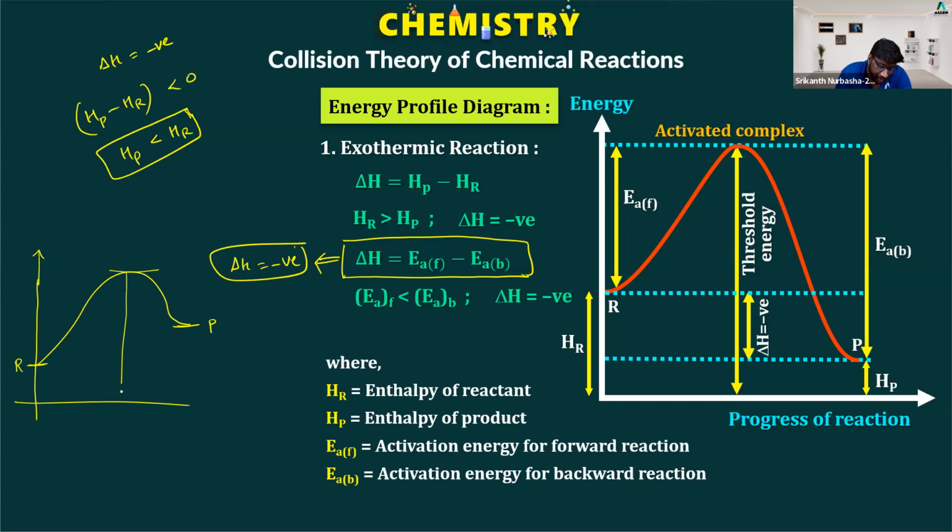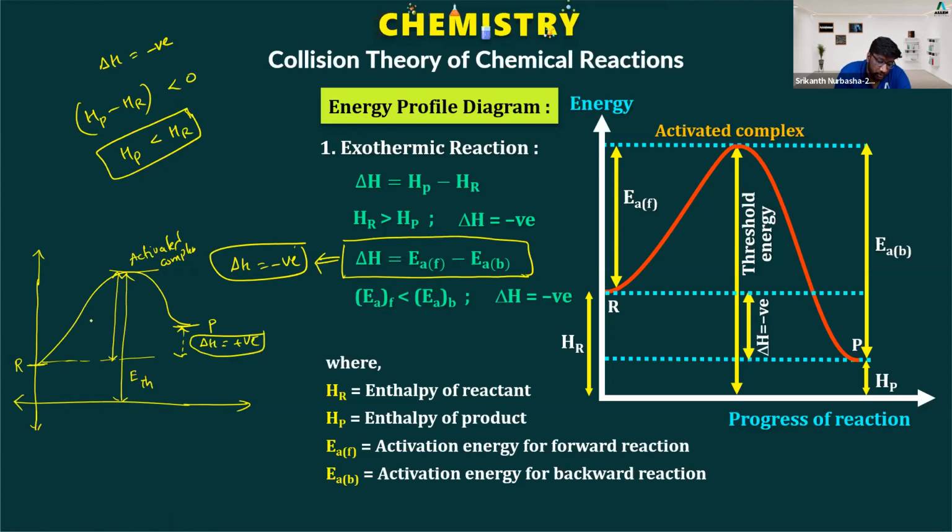From the activated stage to the x-axis, whatever the energy we have, that is the threshold energy, and activation energy is the difference between the activated complex and reactants. The difference between the enthalpy of reactants and enthalpy of products is delta H. That is found to be positive again because it is an endothermic reaction.